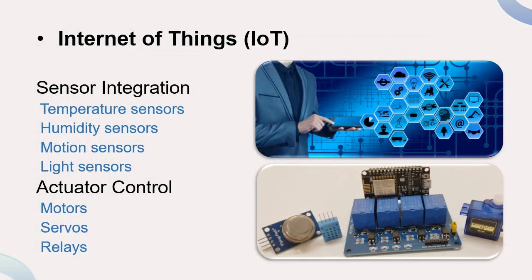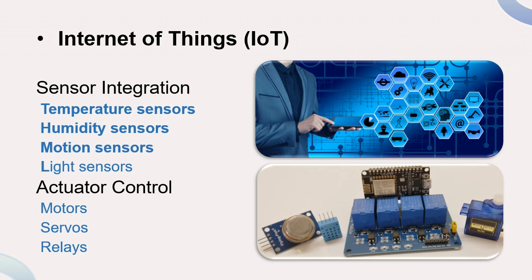Arduino can be integrated with sensors and actuators to create IoT devices for monitoring and controlling systems remotely. Sensor integration: Arduino boards allow you to connect various sensors such as temperature sensors, humidity sensors, motion sensors, light sensors, and more.